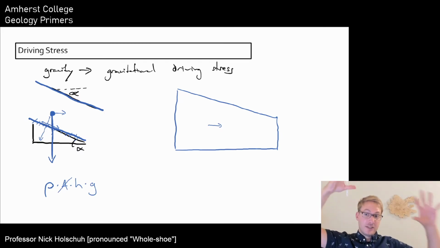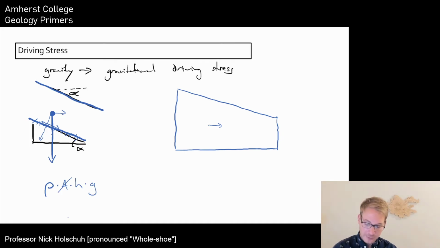So if we want to get the total traction force applied at the bed of this glacier, we would take rho A h g, divide it by area, because stress is force per unit area, and we're left with rho h g. But remember, that has two components: one component that is perpendicular to the bed, and the component that drives flow, which is parallel to the bed.